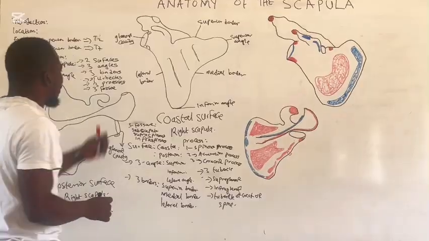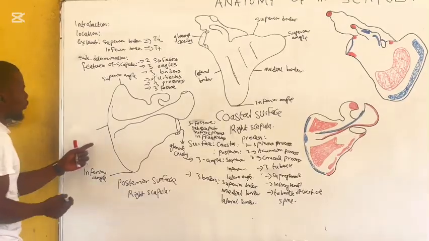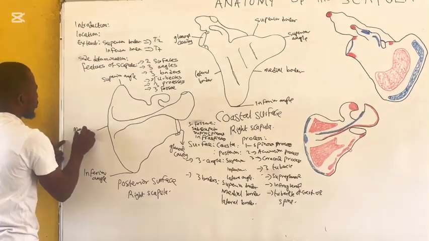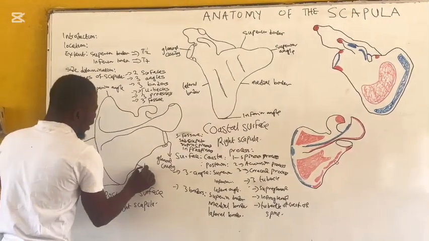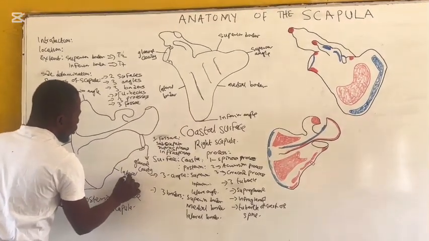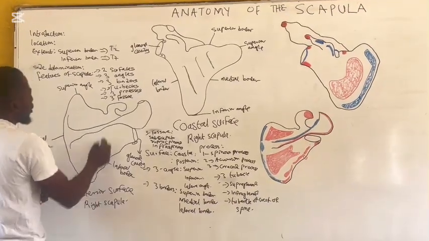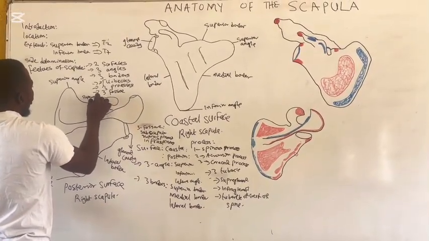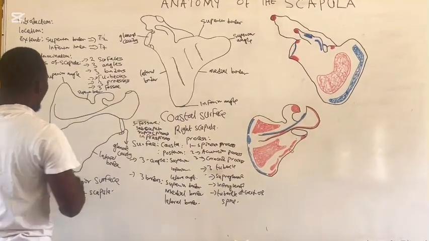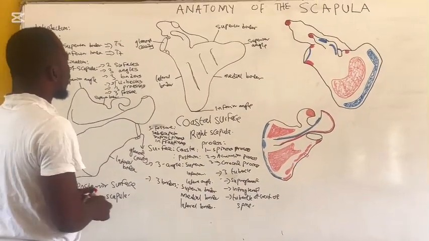Now that is for the costal surface. Coming to the posterior surface, this is our medial border. Here is our lateral border. And up here is our superior border. So that is about the borders of the scapula.